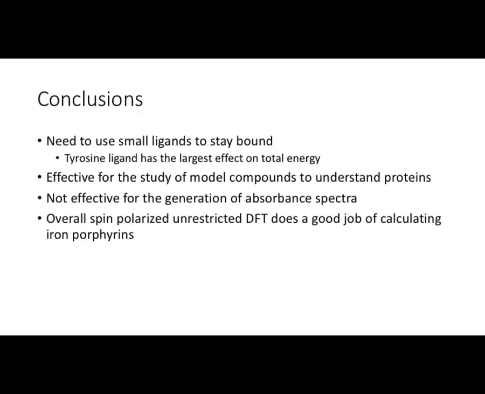So that's one thing we can use, but the absorbance spectra don't seem to be as useful, or obviously I did it incorrectly. Overall, the spin polarized unrestricted DFT does a fairly good job of calculating for iron porphyrins.